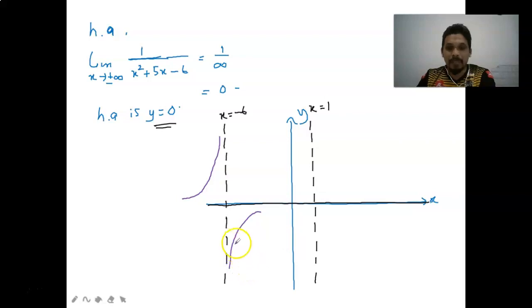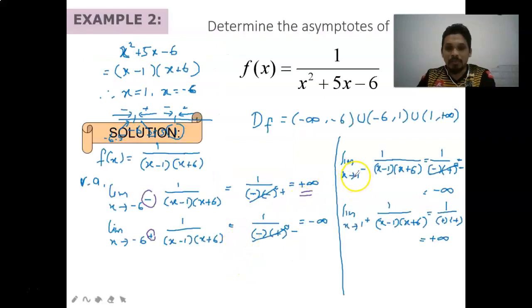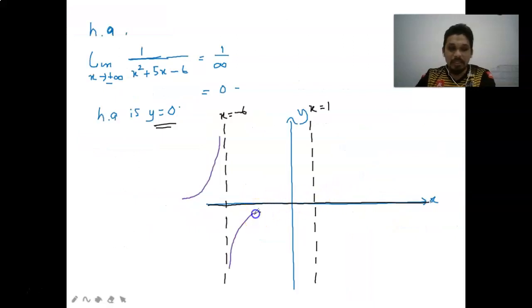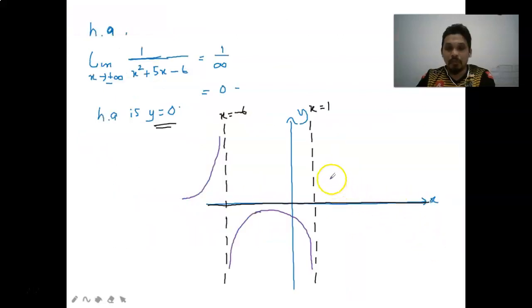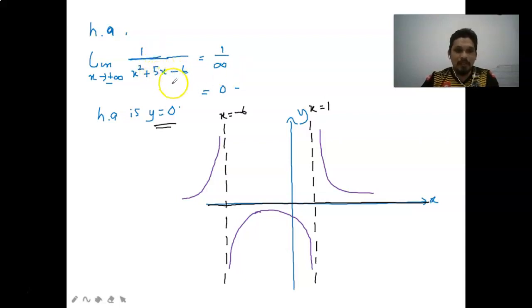What about x approaching 1 from the left side? It gives negative infinity, which means the graph is sliding down again. And when x approaches 1 from the right, positive infinity, the graph moves up. So this is the graph of 1 over x squared plus 5x minus 6.